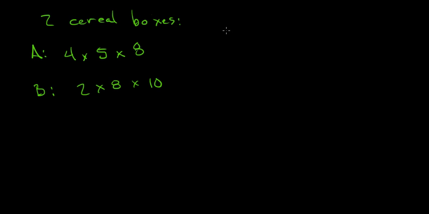So first of all, let's look at the total surface area. Remember, surface area, let's do it the quick way, equals 2 times length times width plus width times height plus height times length. And so we're going to do that real quickly here. 4 times 5 is 20. 5 times 8 is 40.